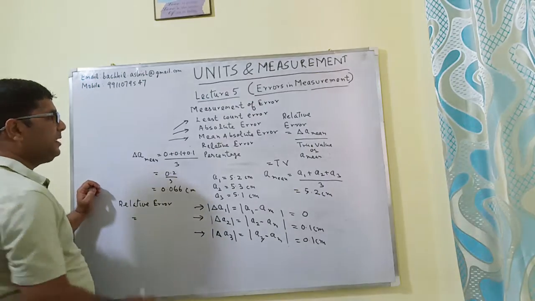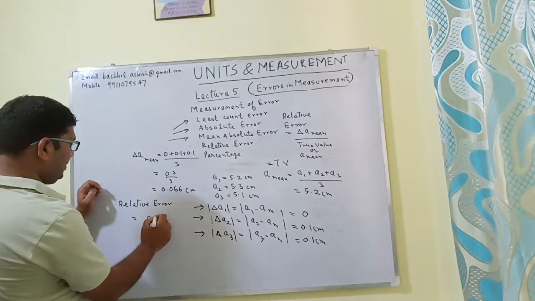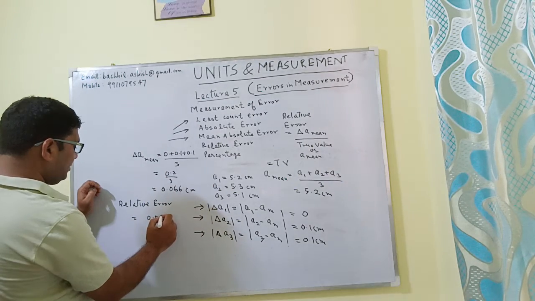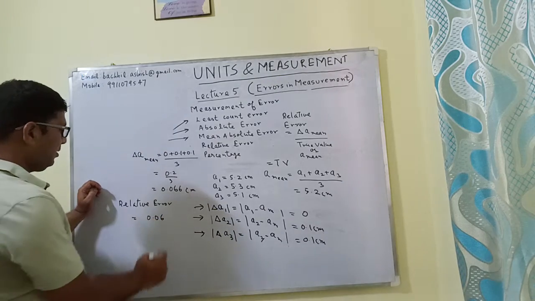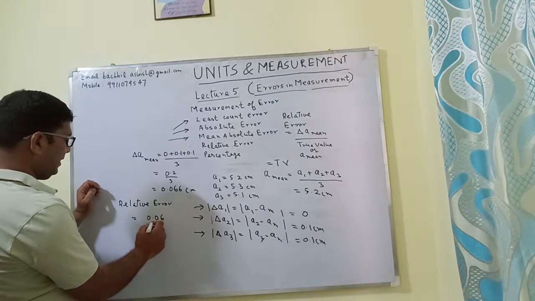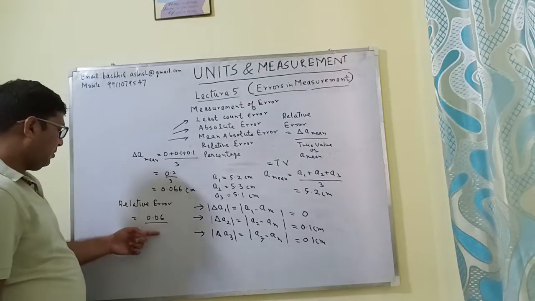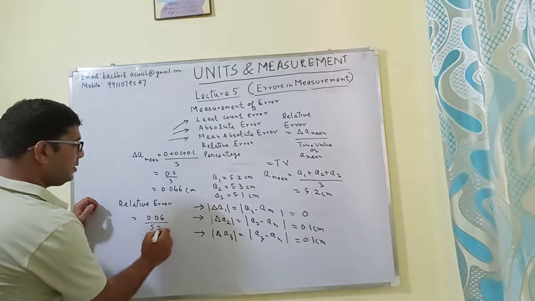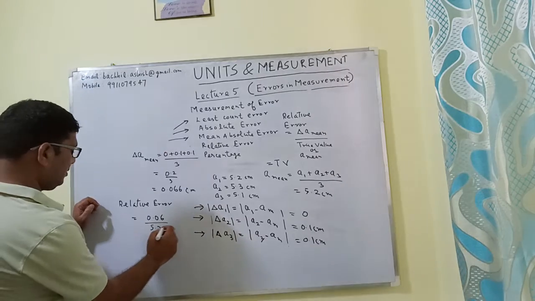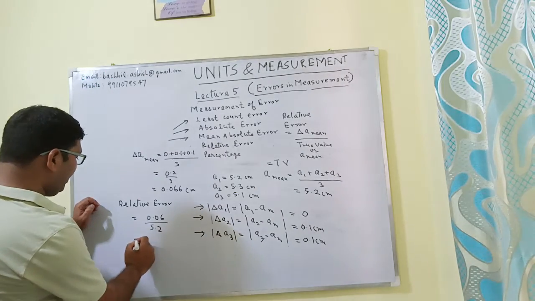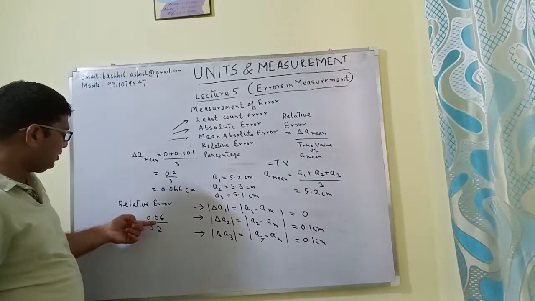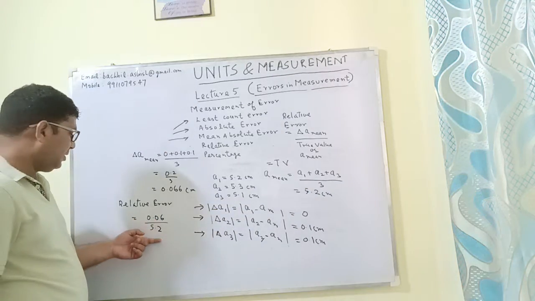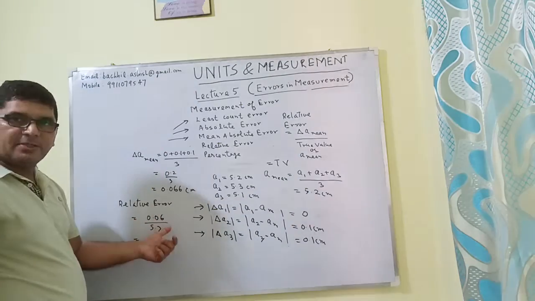Relative error will be equal to 0.06 divided by 5.2. So you can just find the answer: 0.06 divided by 5.2. Okay, so this will be the relative error.